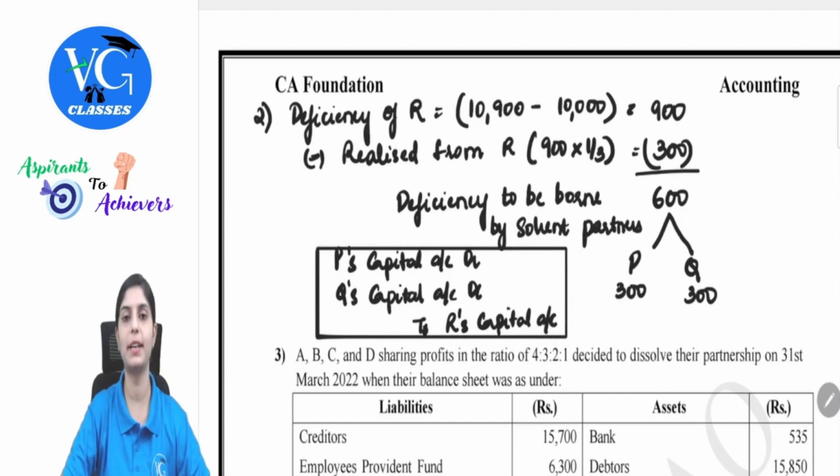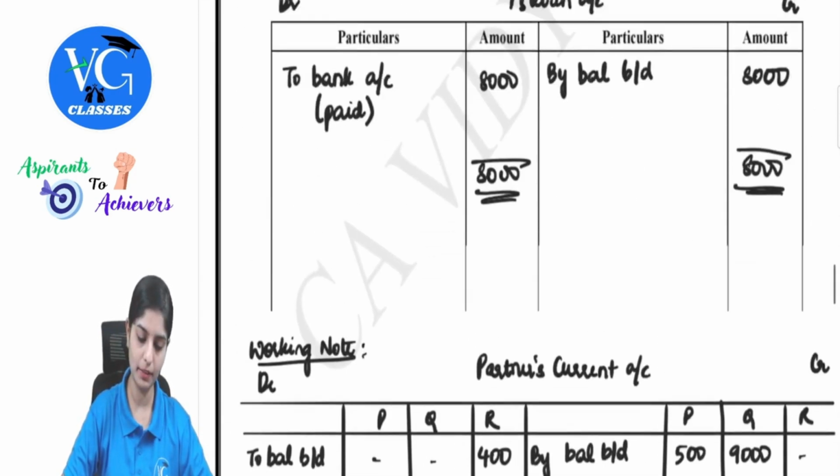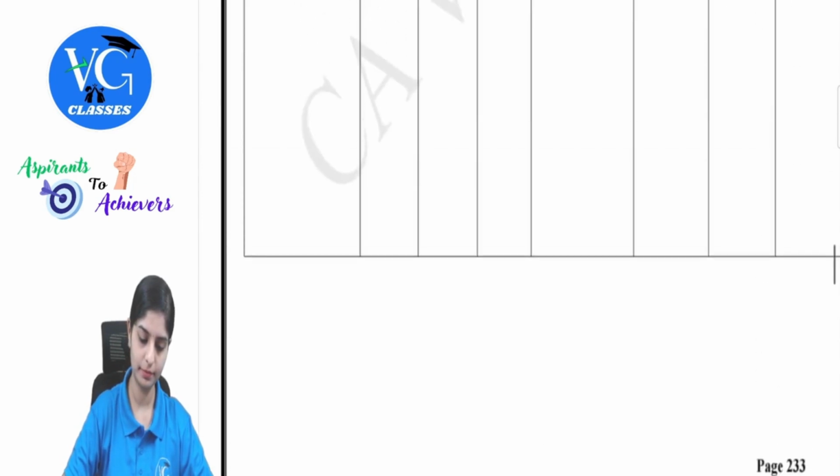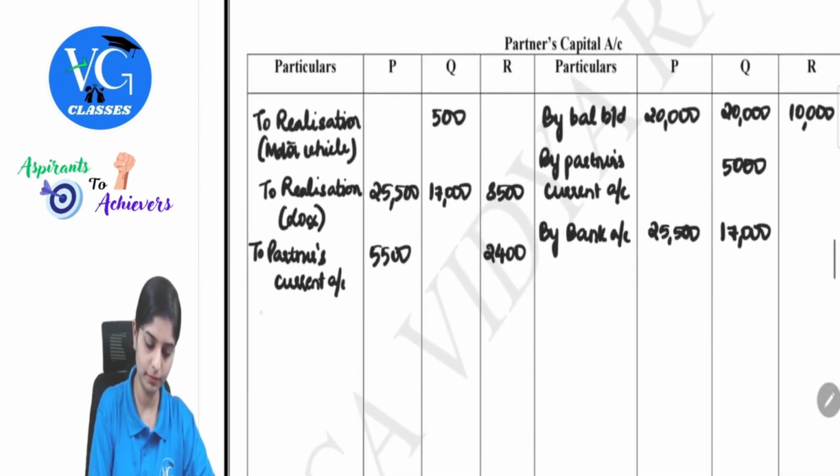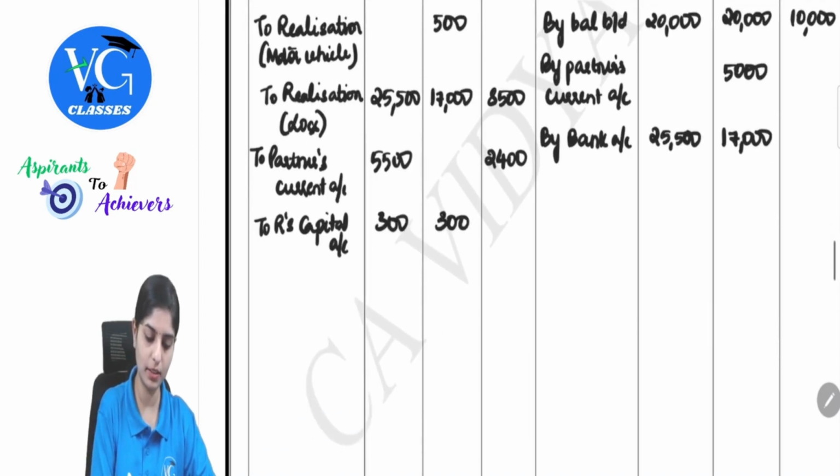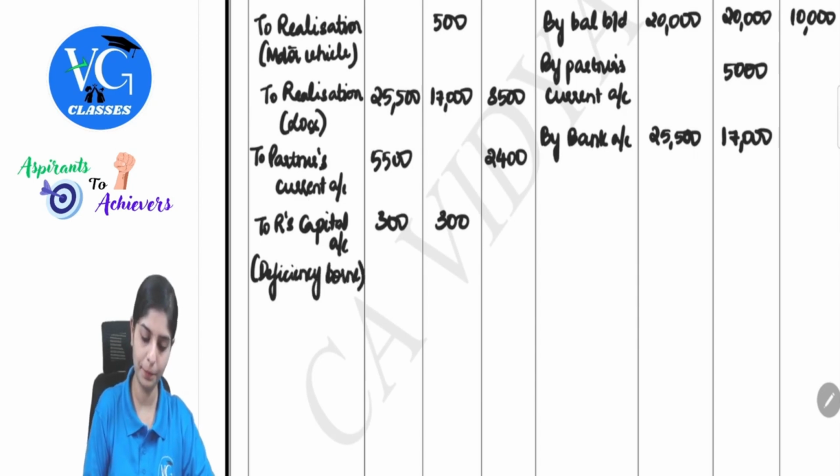So this will be reflected in the capital account. To R's capital, 300 and 300. This is the deficiency borne.